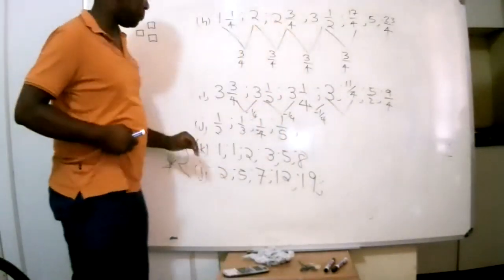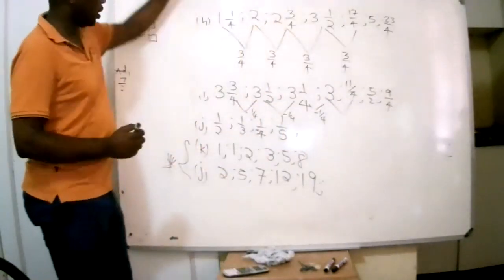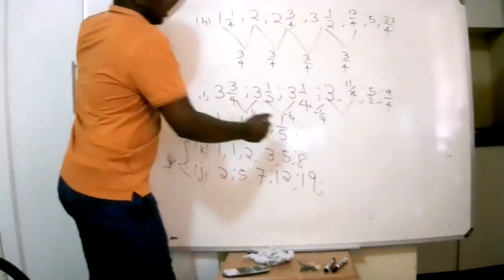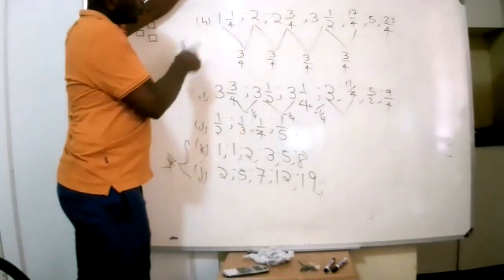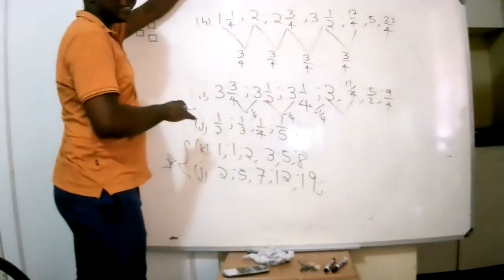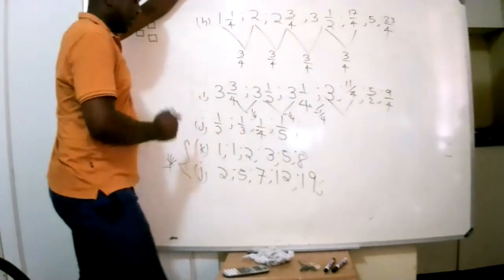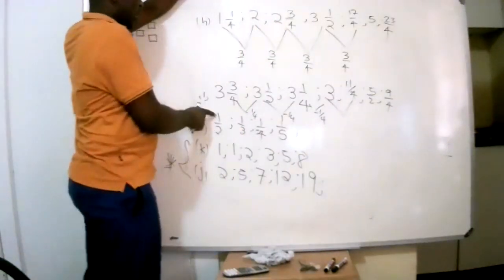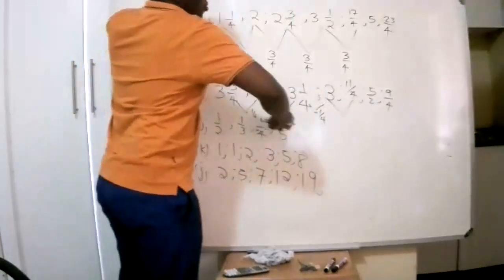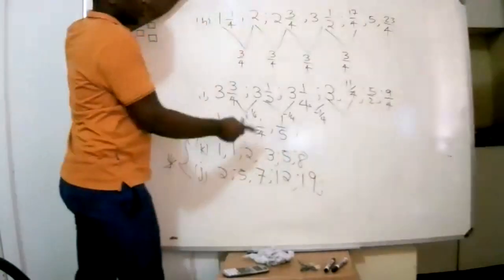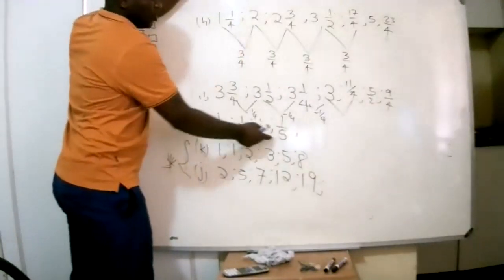Then let's quickly go to question number J. If you apply the pattern that we used on the previous question as it is, you are not going to get to the answer. You must be able to see that the numerator is constant throughout, so all the numerators are going to be 1. What is changing is the denominators.